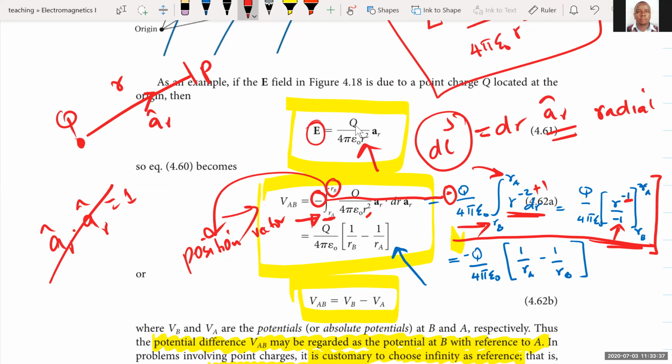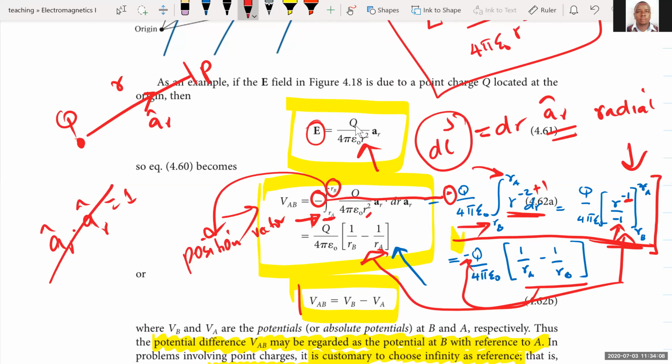But because of this negative that I have introduced at that point, if you remove it, you are going to find that this changes again to take the shape that has been observed in equation 4.62a. It's a slightly long process, but it is quite straightforward if you just follow the normal ways we do the integration.